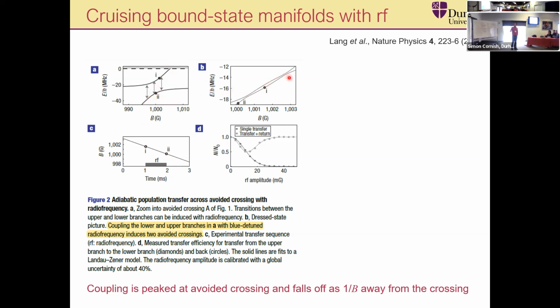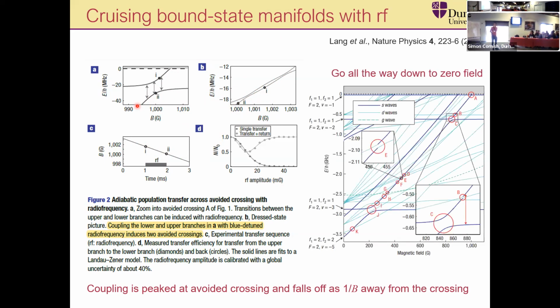And so what it does is create two new avoided crossings in the dressed state picture outside of where you're sitting. And by then sweeping the magnetic field, which is this band, they can go down to this point 2, and this point 2 corresponds to this lower manifold. So effectively, they're using RF to bridge the gap across this avoided crossing.